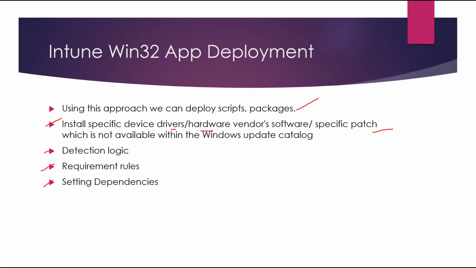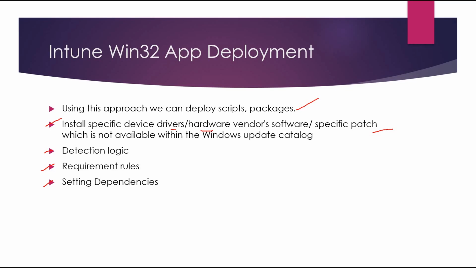We don't have the ability of setting a priority, as in this is priority 1, this has to go first, and then this is priority 2, and then this is priority 3, and if one is gone, then the other should also go or should also not go, depending upon what the use case is. I'm bringing this up because this is something that can be inherently done via SCCM. Okay. So this is something that we inherently could not do via Intune.